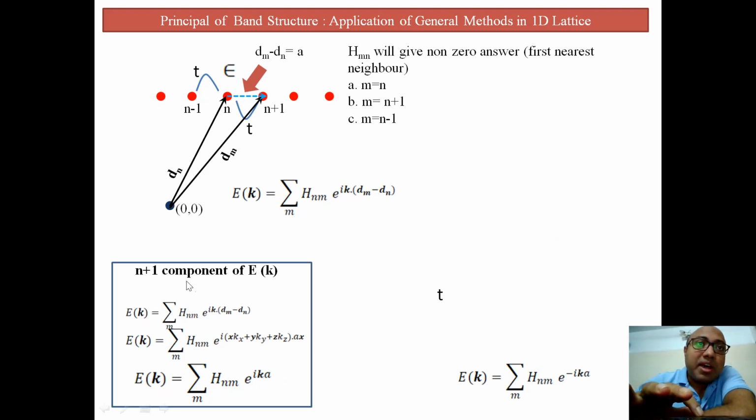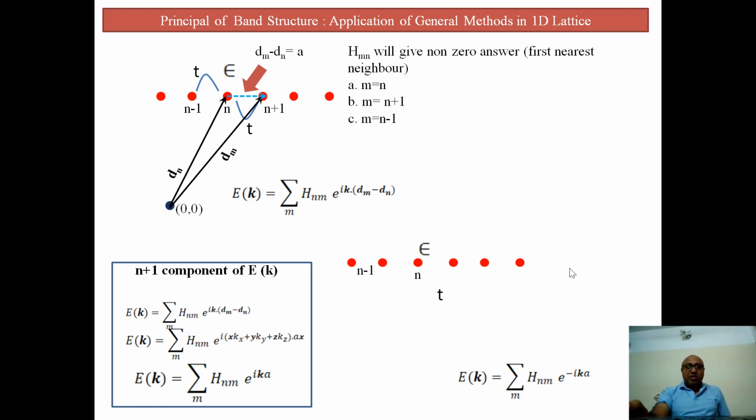Now let's go for the other part. So we have done the summation corresponding to the n plus 1 component. What about the n minus 1 component? Again, you have the series, and this is actually the nth component and the energy is epsilon. How it is related to n plus 1 is actually t. Similarly, the nearest neighbor n to n minus 1, that is also t, that we have related.